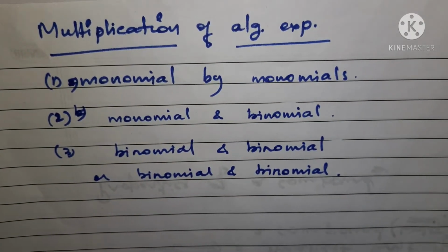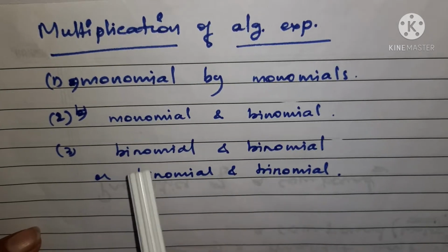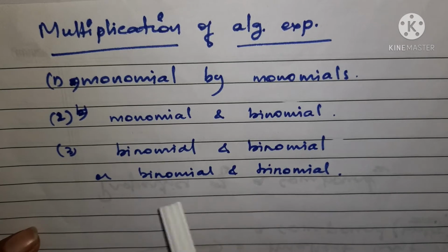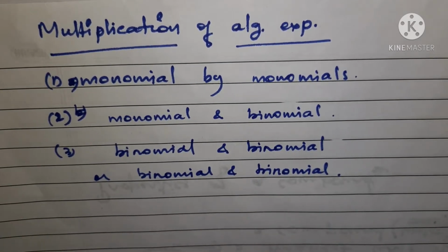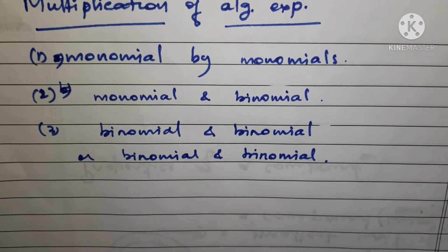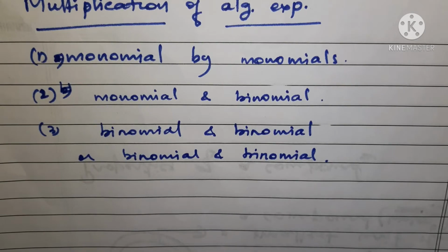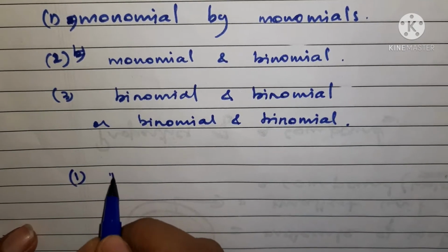You can also have cases like monomial multiplied with binomial, or binomial with binomial, or binomial with trinomial. So these are a few cases where you can find multiplication. How to multiply monomial by monomial? This is our first case, and we'll try to understand this first.